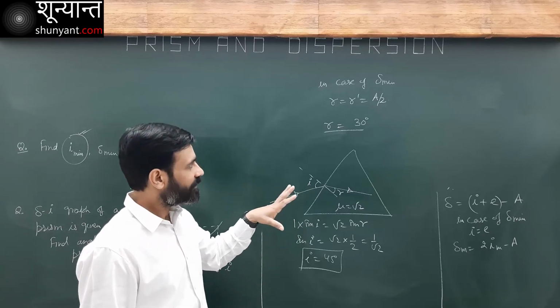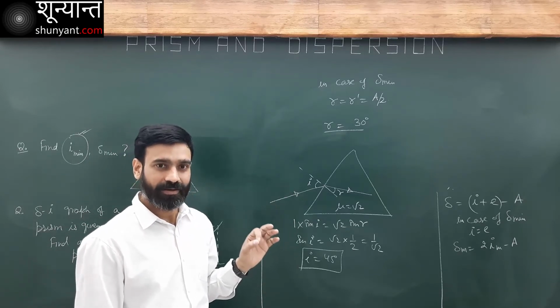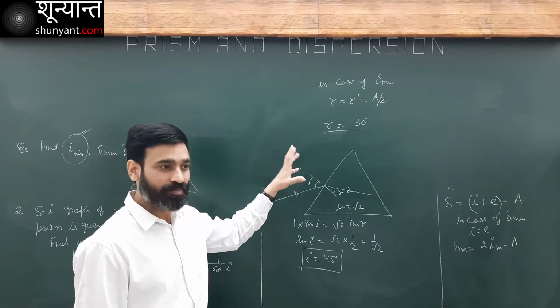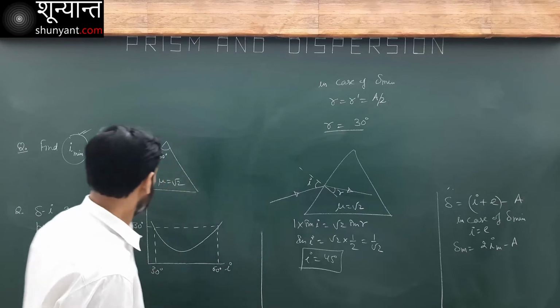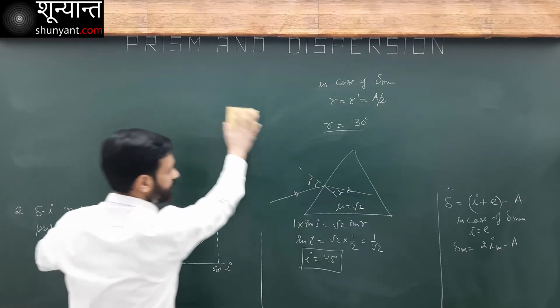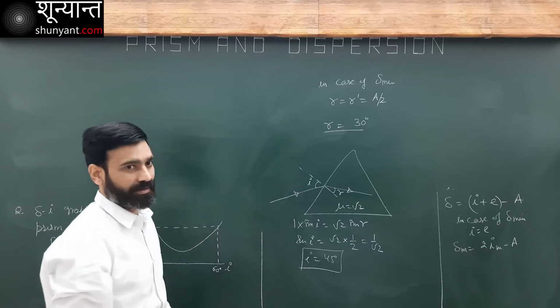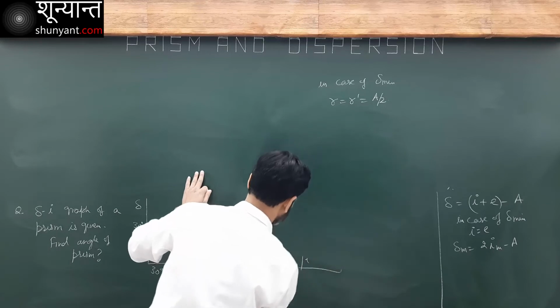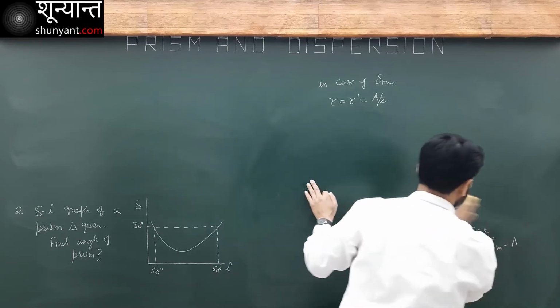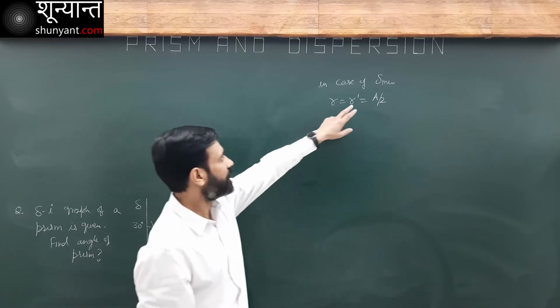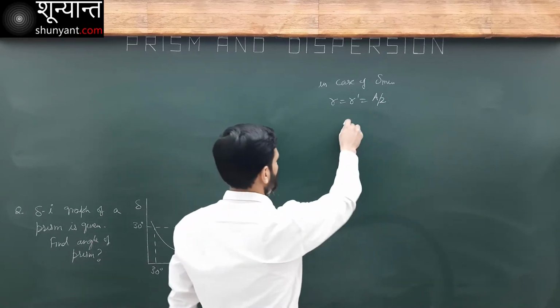Now, one very interesting thing about this minimum deviation. What is so interesting? We did not discuss it earlier. Let's look at that now. In case of minimum deviation, these two angles are going to be same.